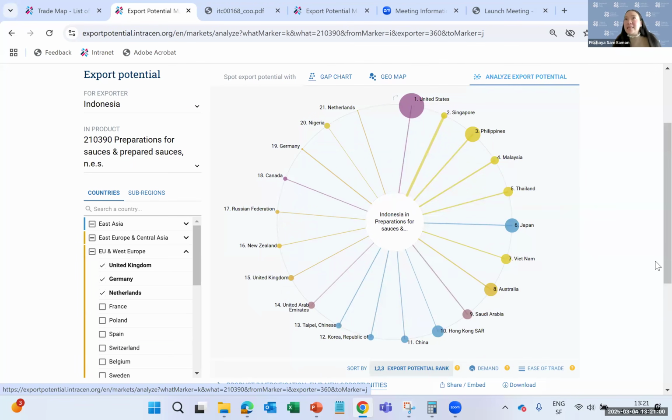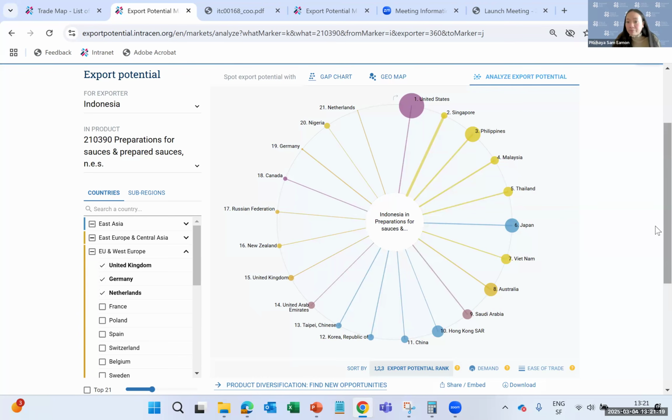And what I mean by ease of access is that the market is simply based on the preferential trade agreement: whether they have trade relations with each other, whether they have preferential trade agreements in place, whether they belong to the same economic community. You will see here that the thickest line is for Singapore, and it's even bigger than the Philippines and Malaysia, which is also quite thick, and Thailand.